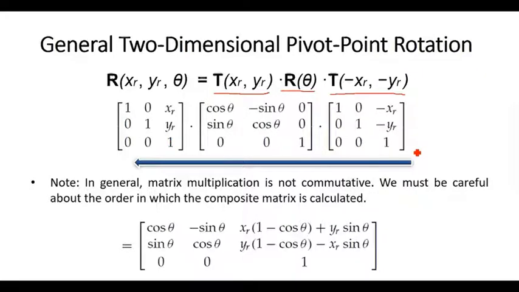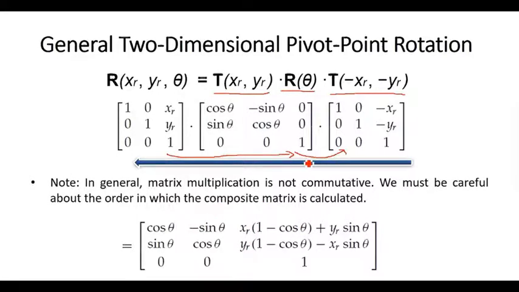Usually we go from right to left, meaning first multiply this matrix with this matrix, and the result of that you multiply with this matrix. So you multiply these two matrices, then this matrix is multiplied with the result of these two multiplications, and what we get is this matrix.